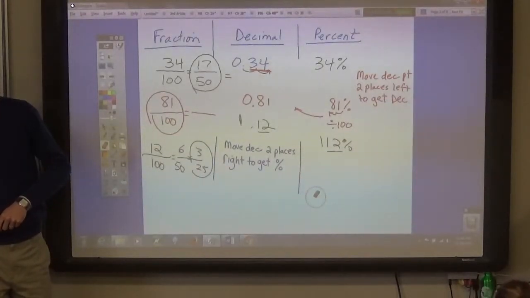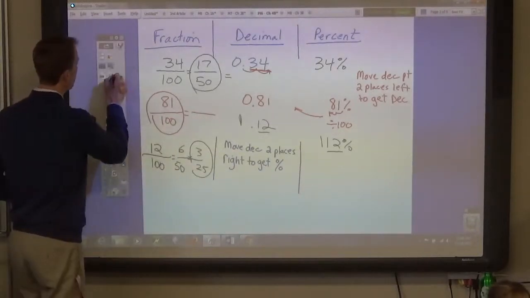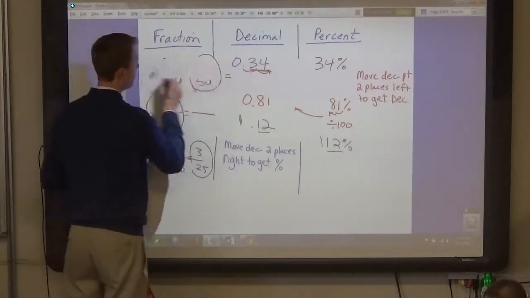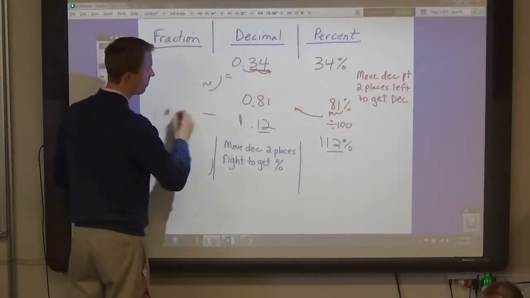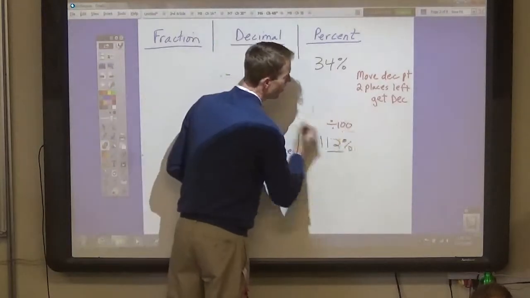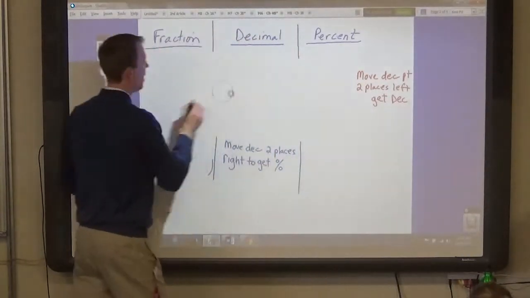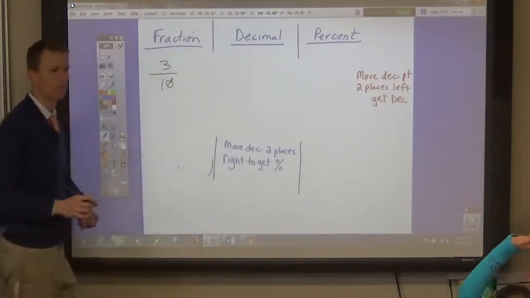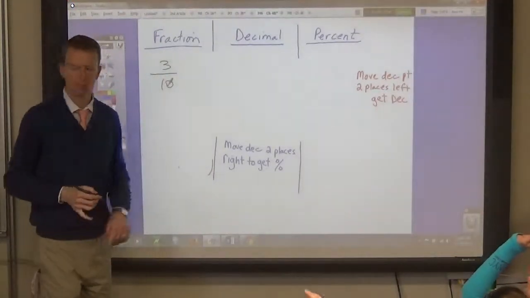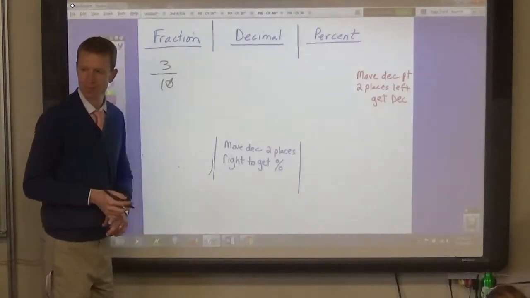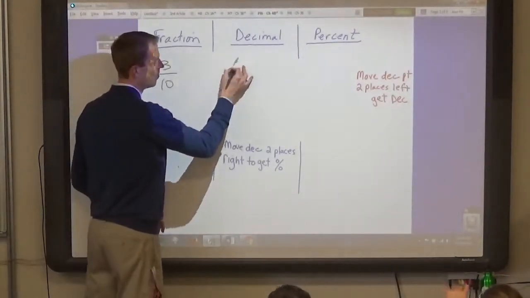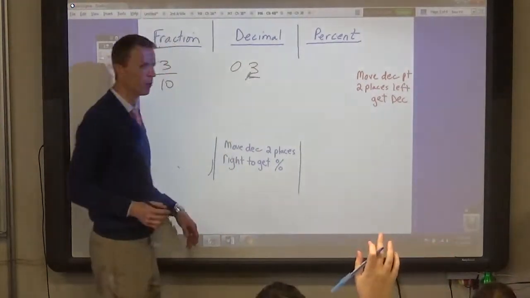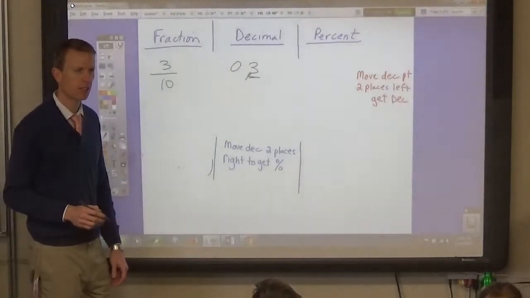Let's see, how about number 7? We're starting with 3/10. What would 3/10 be as a decimal? Alex. 0.3. Yeah, 3/10. Well, there's only one place then. How can we get this into a percent?